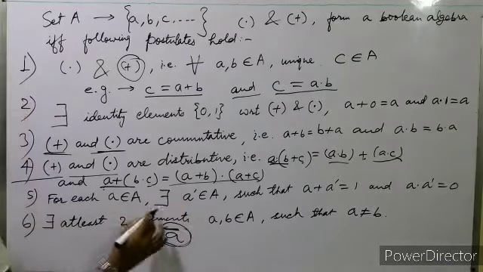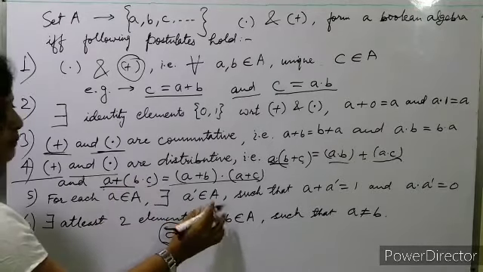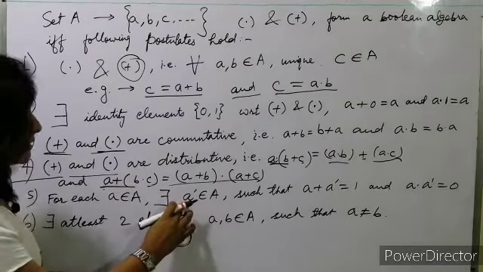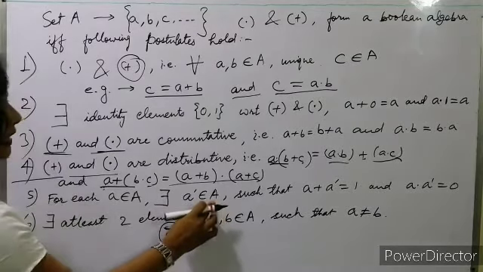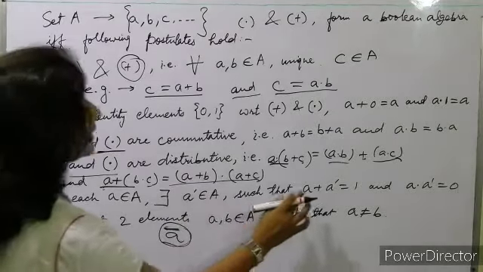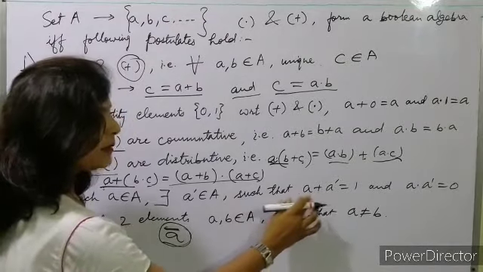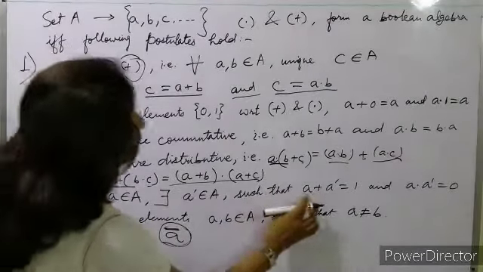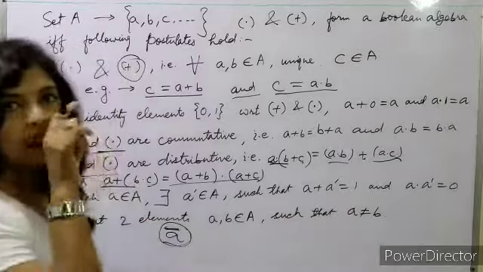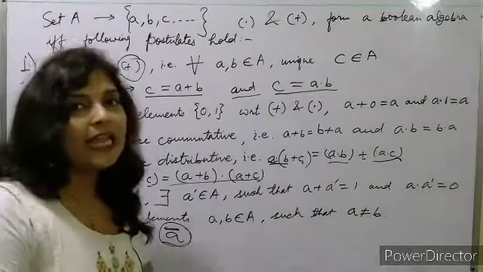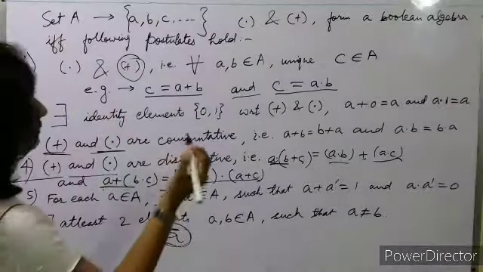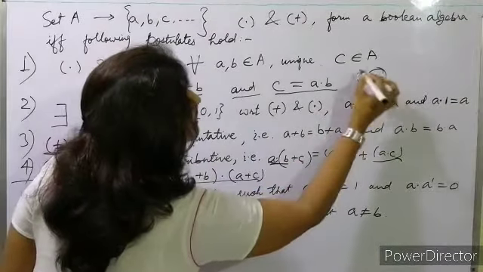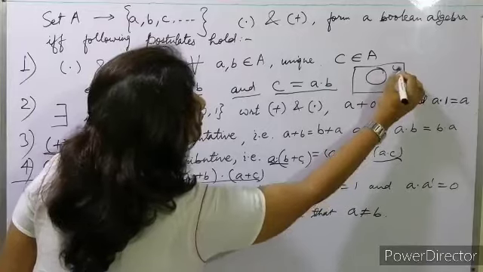Okay, so there exists A dash, an inverse of A, belonging to this set A, such that A plus A bar, that is A plus not A, will be equal to 1. Okay, so when we are adding A with everything that is not in A, like we can see in sets, this is A, the universal set.